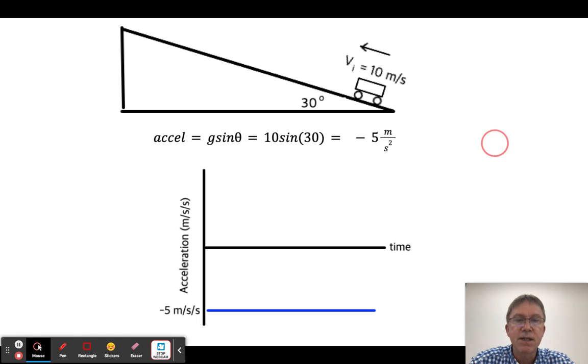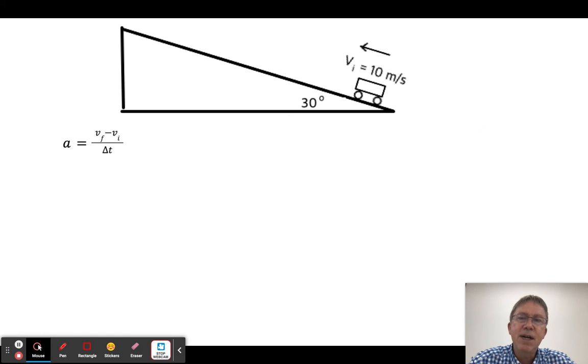Let's go on and look at velocity. If I'm going to look at velocity, I've got to figure out how long it takes this object to stop and then come back. So I'm going to use this equation here to figure out how long it takes this object to move up the ramp. Basically, I'm accelerating at negative 5. My final velocity, when it reaches the highest point, will be 0.